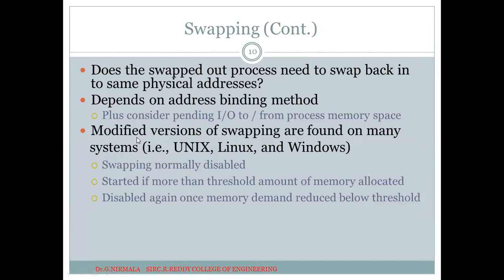Swapping is normally disabled; it is enabled only when memory allocated exceeds some threshold, and disabled again once memory demand drops below the threshold value. If the CPU is always busy in swap out and swap in operations, CPU performance is reduced, leading to efficiency fall. For that reason, swapping is performed only some of the time.